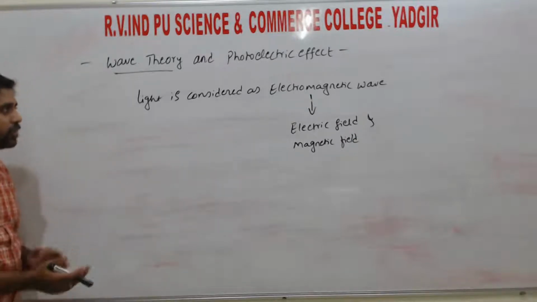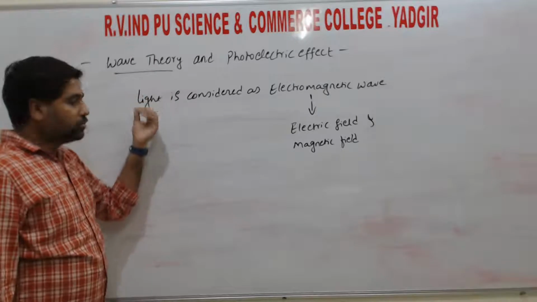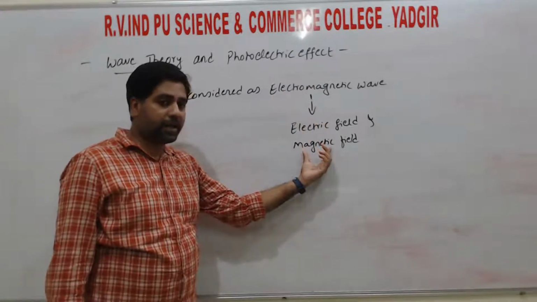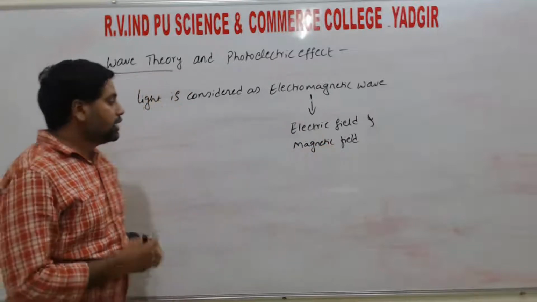Next, this wave, that is the electromagnetic wave, consists of electric field and magnetic field.